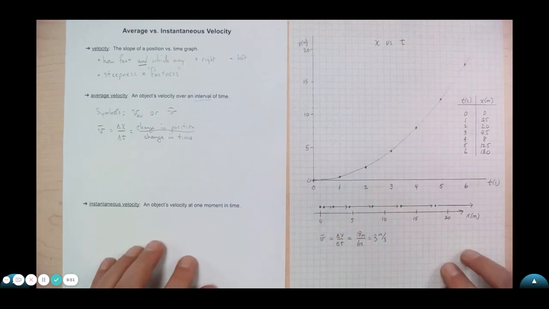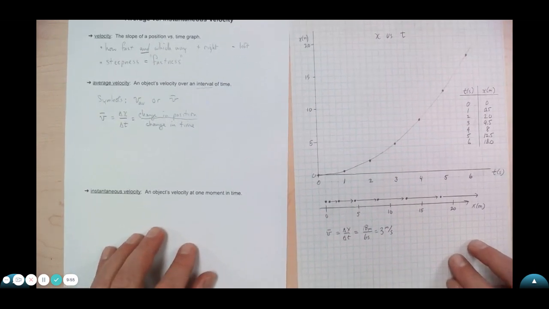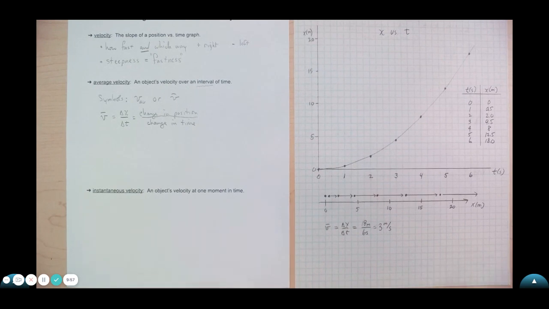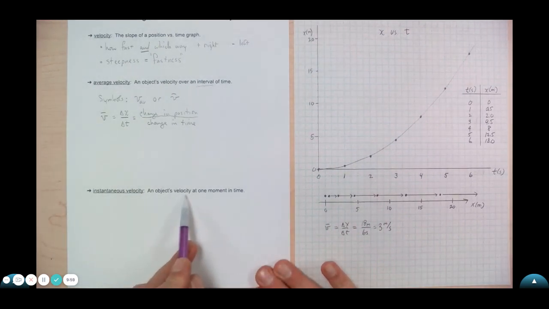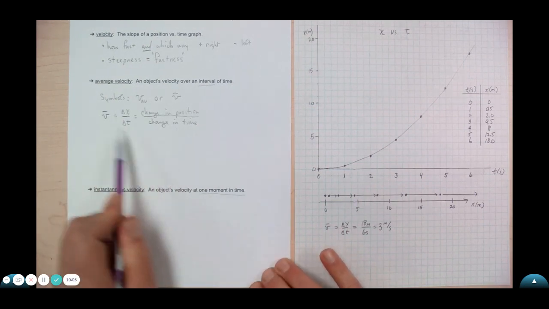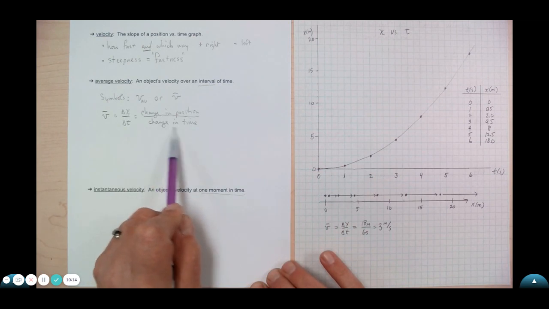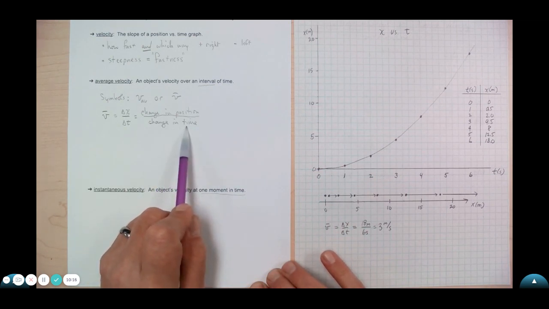So let's look at what it means to have the instantaneous velocity here. Instantaneous velocity is kind of weird because it's an object's velocity at one moment in time. There's no way we can use this same equation to figure out instantaneous velocity, simply because if we're talking about one moment in time, the change in time would be equal to 0, and you can't divide by 0.